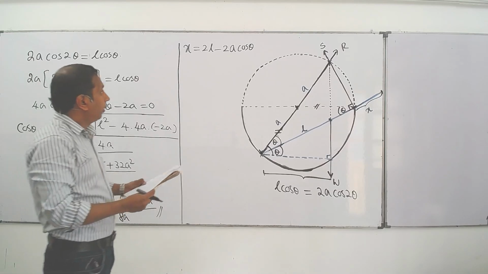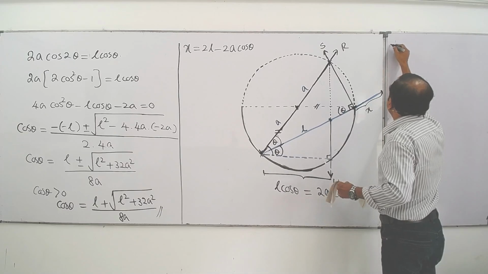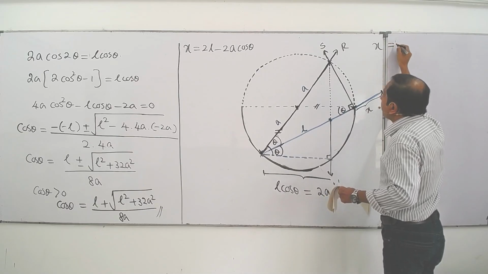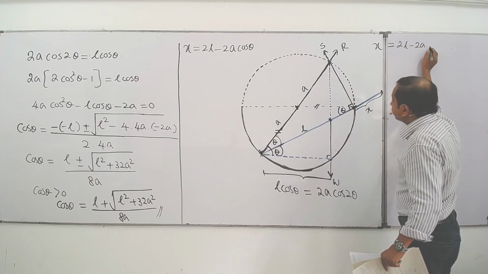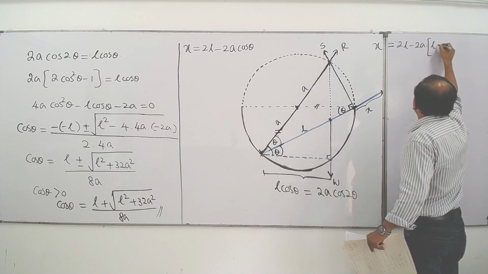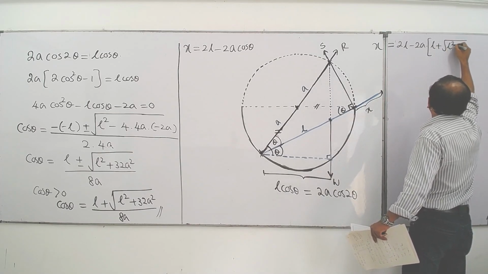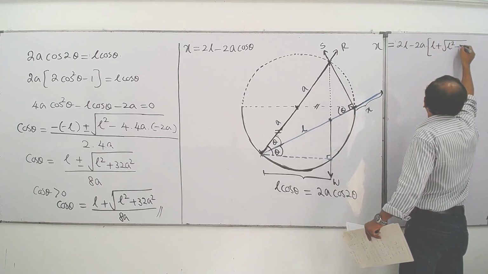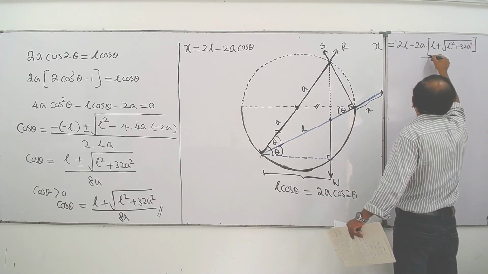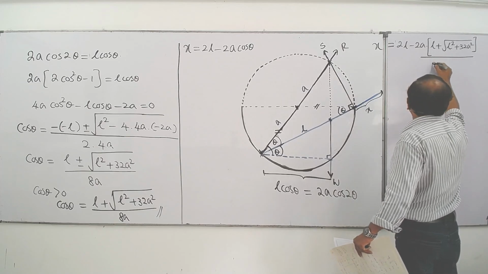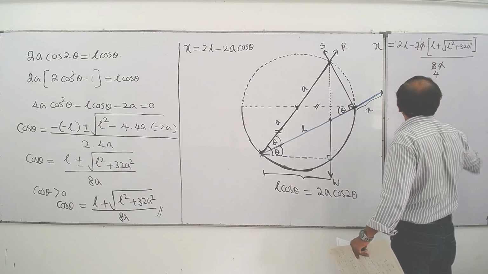I can write it like this: x equals 2L minus 2A cos theta, open the bracket, L plus square root of L squared plus 32A squared, divided by 8A. This and this you can cancel down. Here we get 4.